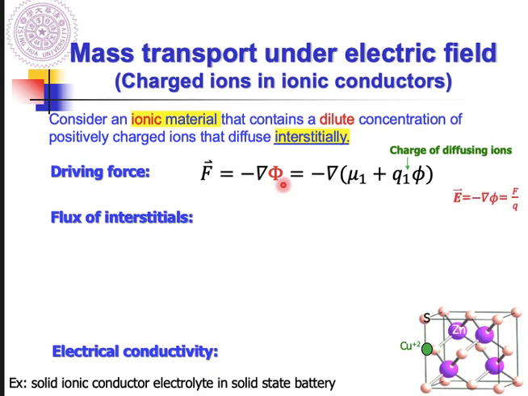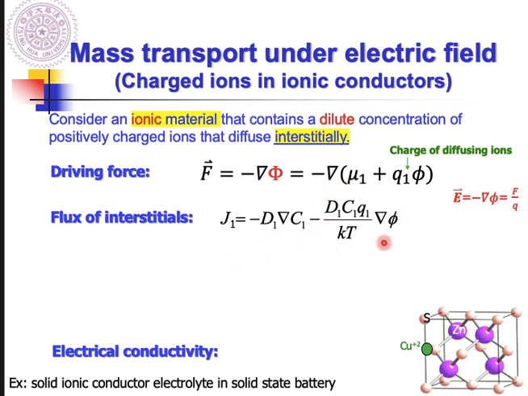Next, in order to get the flux of interstitials like these copper ions, you have a driving force. So don't forget how to write down the atomic flux as long as you have the driving force. The first part is due to the diffusion, so I use Fick's first law, minus the diffusivity times the concentration gradient of these diffusing atoms, to substitute the chemical potential part.